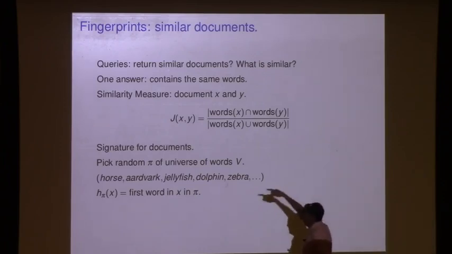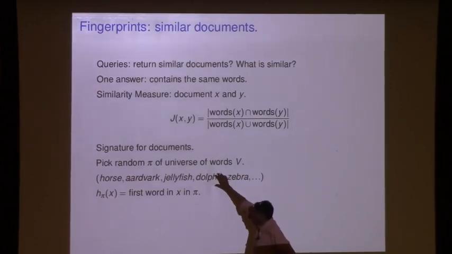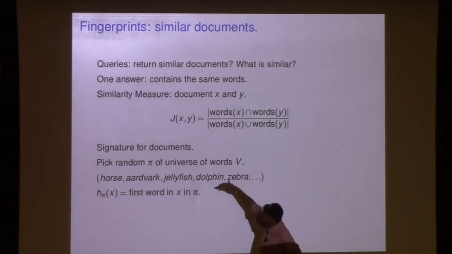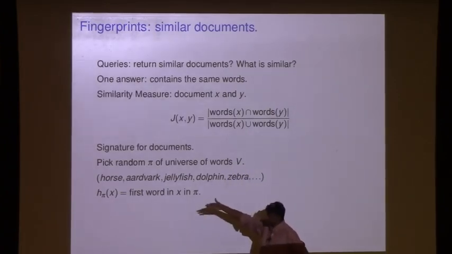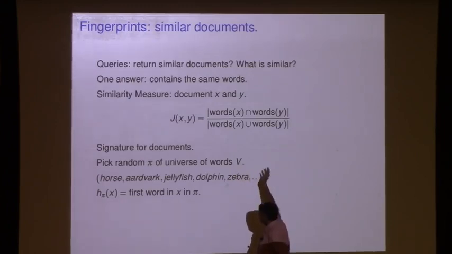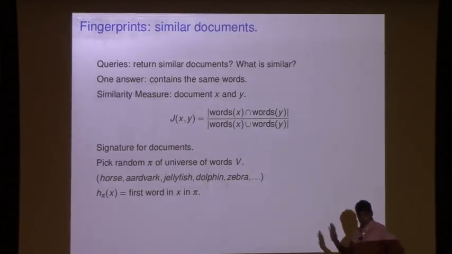So the first word that X contains in this list is dolphin. So you output dolphin. That is your digest. The way I'm summarizing this document X, which has many, many words in it, is we take all of those words, see where they are in this ordering, and pick the first one in this order. It's a weird thing to do.